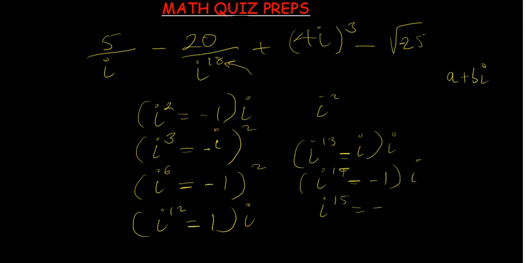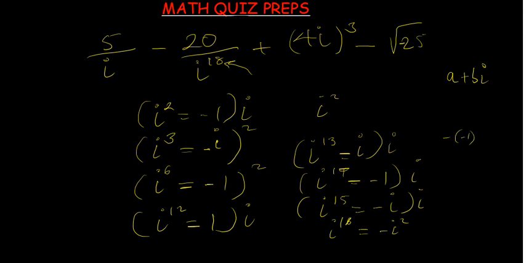Multiply this one by an I, which will give us I to the power 15 times I. It will be I to the power 16, and that will be equal to negative I times I. That will be negative I squared. But we know that I squared is negative 1. So that will be negative 1, which will give us a positive 1.